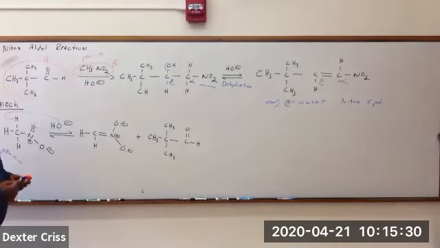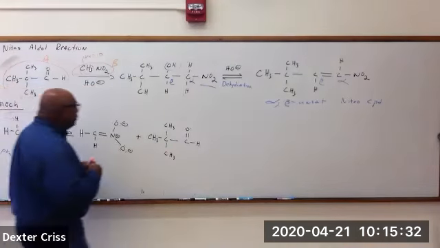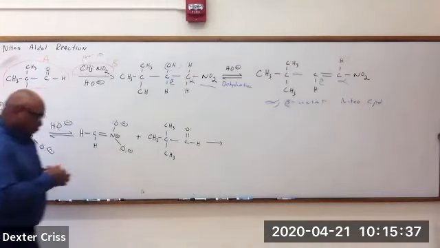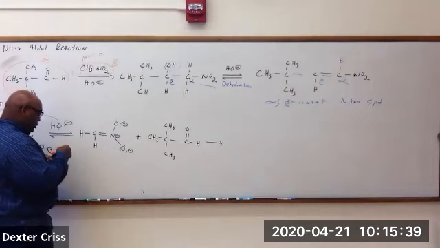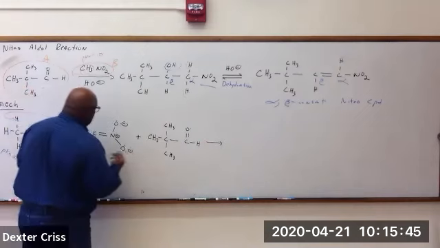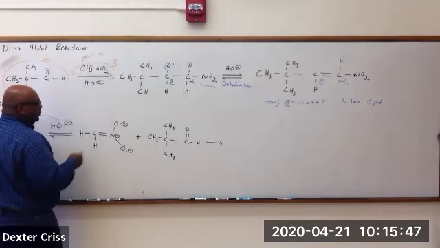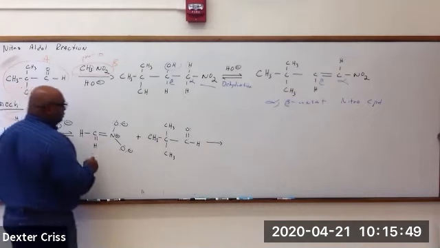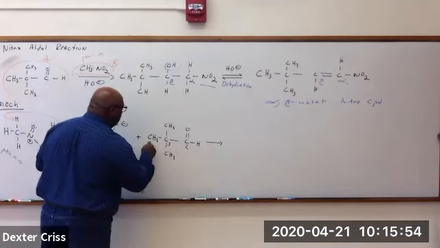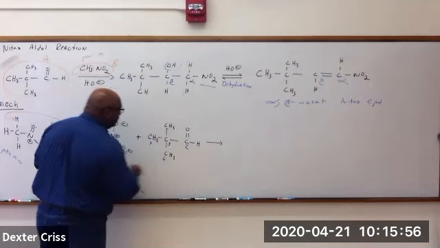So this is chapter 16, nucleophilic addition to the carbonyl carbons. Now this is a coupling step. Once again, I'll keep track of things. I'll call this carbon 1, carbon 2, 3, 4, 5, 6.